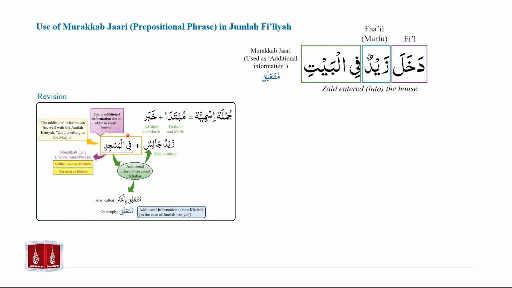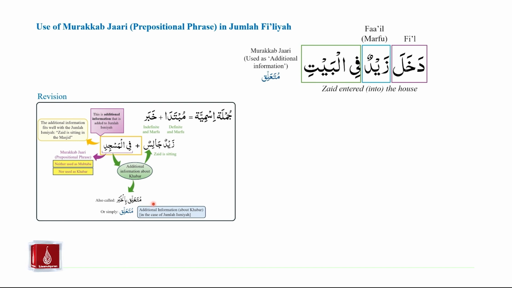In this case, fil masjidi is murakkab jari or a prepositional phrase. It is neither used as mubtada nor is it used as khabar. But fil masjidi is additional information about the khabar. Fil masjidi is called muta'alliq bil khabar or simply muta'alliq.